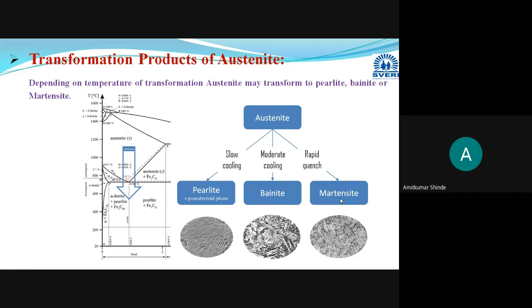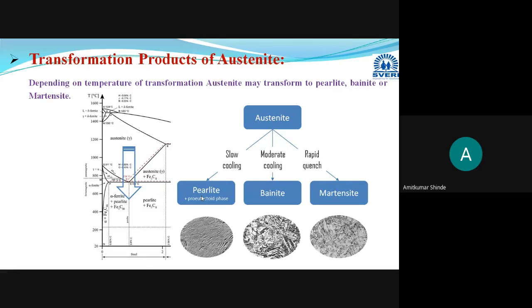First, remember that depending on the transformation temperature and the cooling rate used, austenite may get transformed into pearlite or bainite, or it will end up as martensite. If the cooling rate is very slow, you will get pearlite. If the cooling rate is a little more moderate, higher than the slow rate, you will end up with bainite.